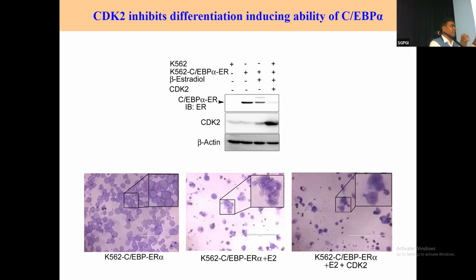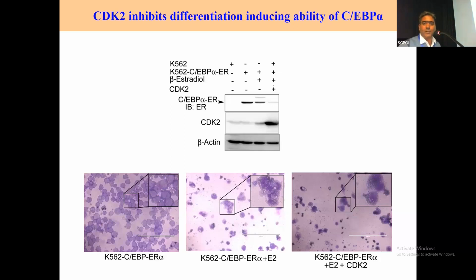In this system, CBP alpha ER is expressed but is present in the cytoplasm bound with the HSPs. The moment you give E2, it binds with the LBD region of CBP alpha ER, and then it gets free from the HSPs and migrates to the nucleus. In the nucleus, it can bind to its target genes and induce the expression of those genes.